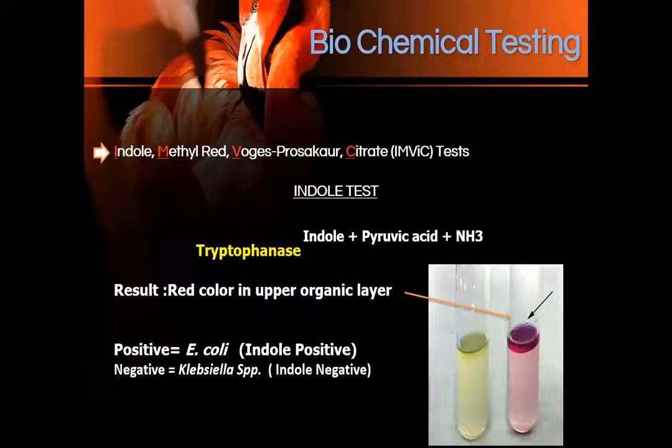But how to differentiate between E. coli and Klebsiella? First of all, colonial morphology is a very important clue, but E. coli is indole positive and Klebsiella is indole negative, which is another evidence for correct identification.